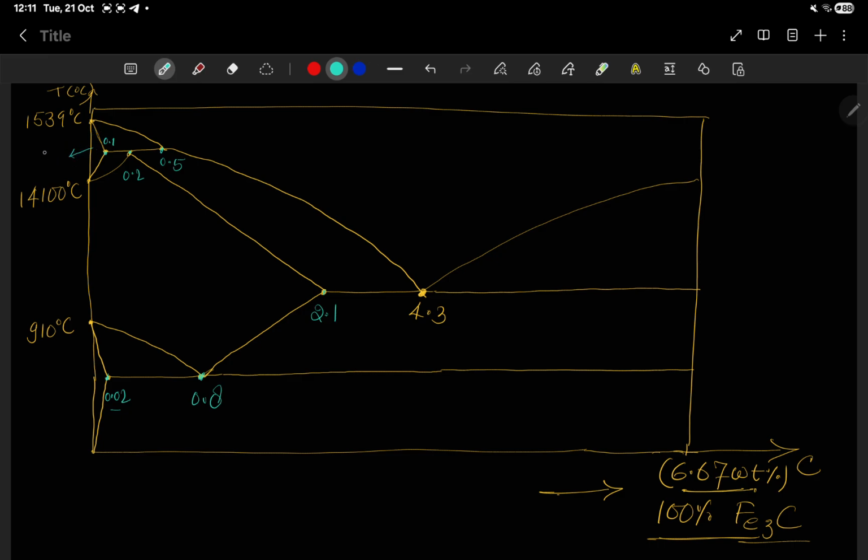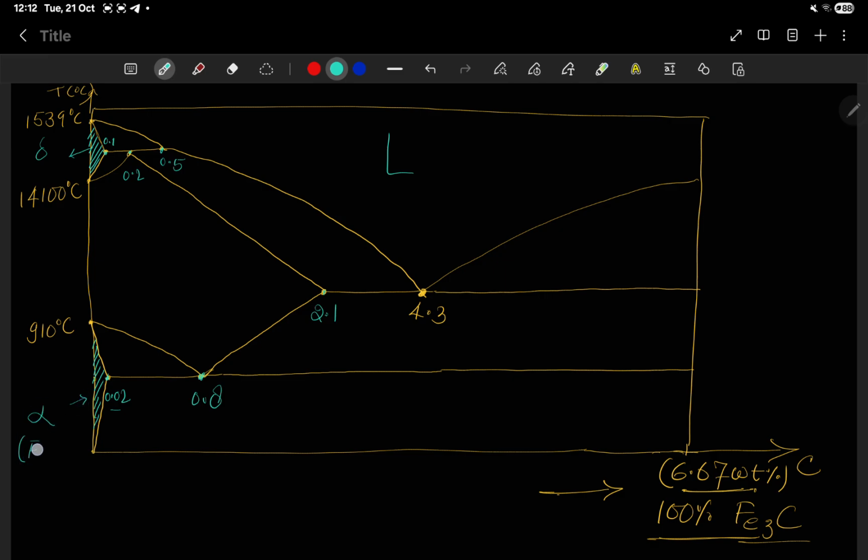Okay, fine. So this region is called delta iron. This region will be delta iron. Okay, and this is the liquid domain. This is the liquid domain, and this region is alpha.